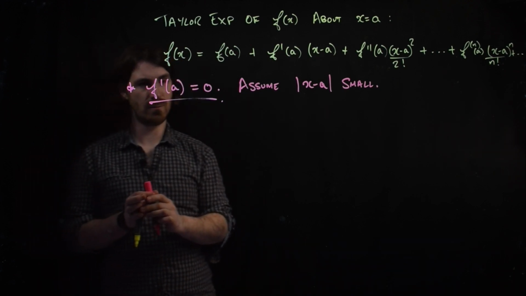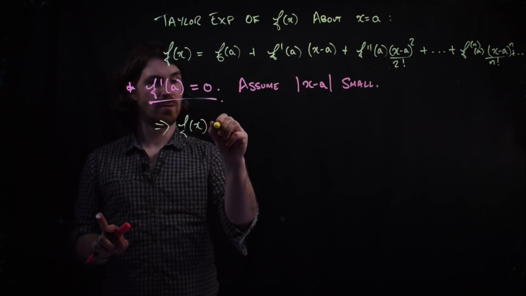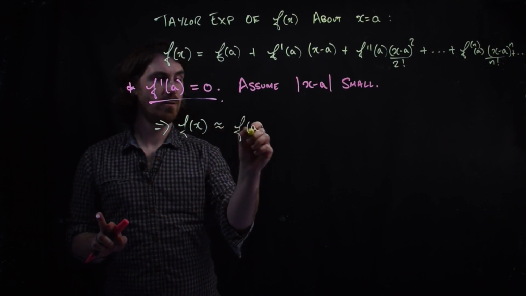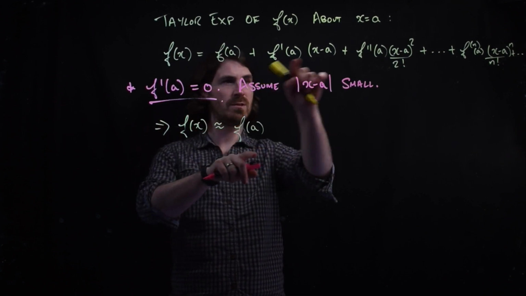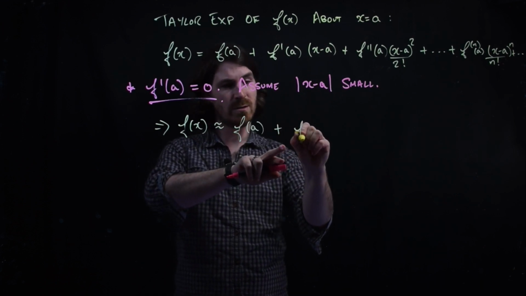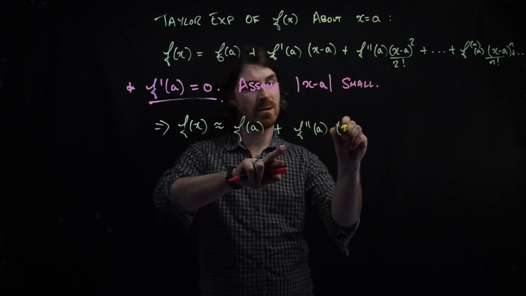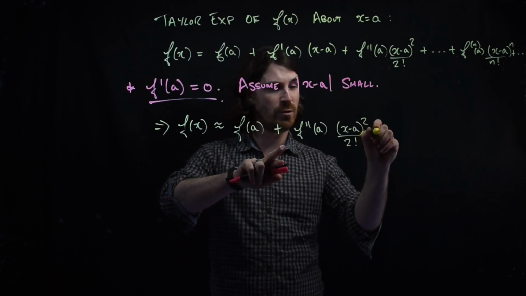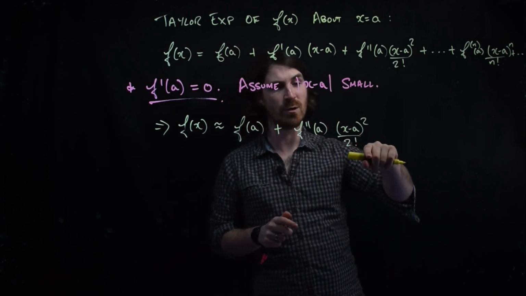In this case, our expansion becomes f of a plus, now we've said that f prime of a is 0, so the first derivative is 0, so this term vanishes, plus the second derivative of the function evaluated at a times (x minus a) squared over 2 factorial. And we're going to ignore all higher order terms because we've said that x minus a is small.